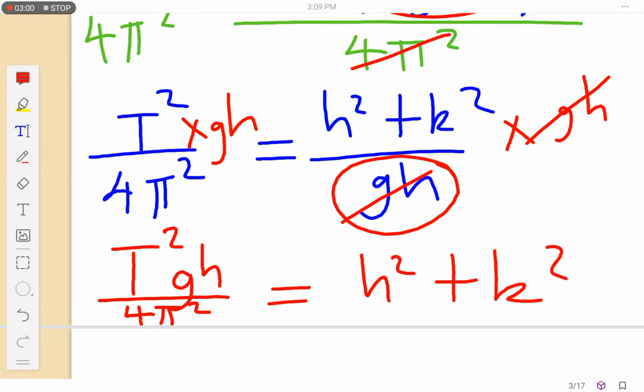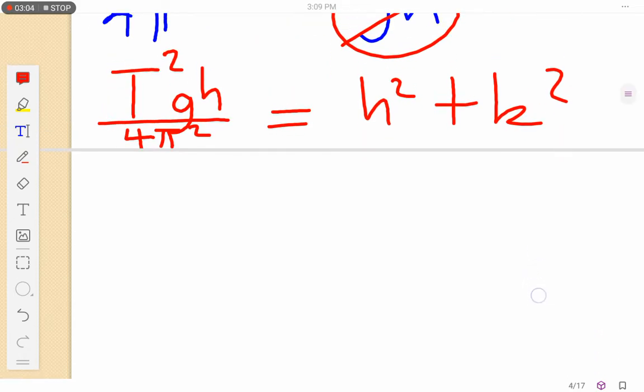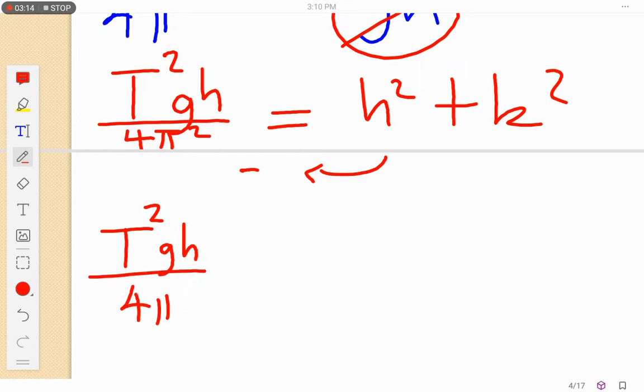Now we have reached a point whereby we can take the h squared there. This h squared can go this side and it becomes a minus. So I have T squared gh over 4 pi squared minus h squared is equal to k squared.